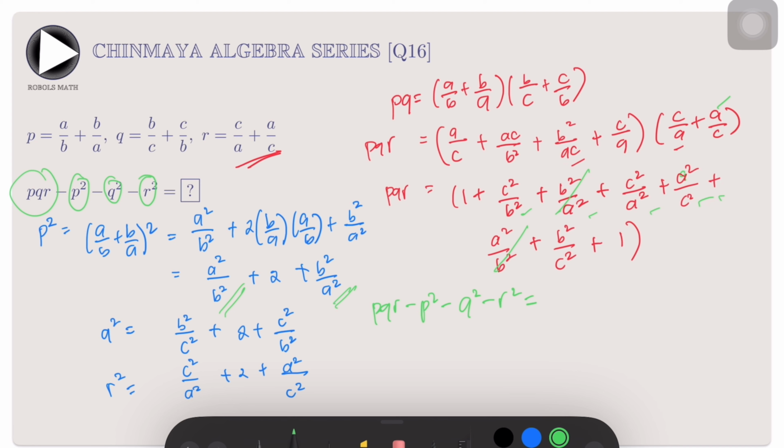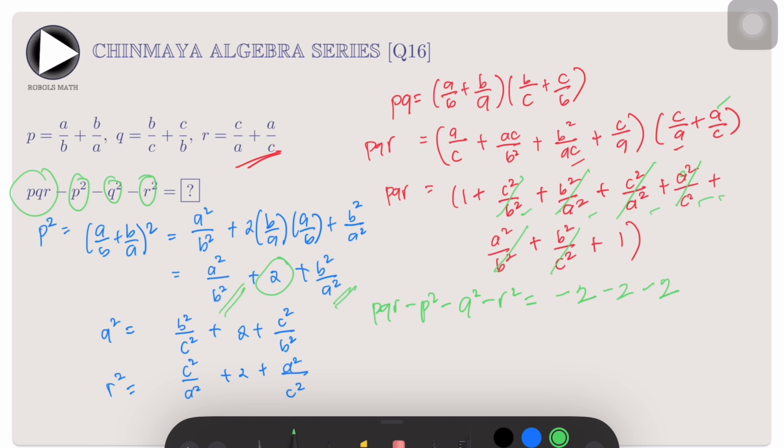So we get here a minus 2 coming from this. And then if we subtract Q squared, the C squared over B squared and the B squared over C squared cancel out, leaving us again with another minus 2 here. The same thing goes for R squared. This one cancels out and this one cancels out, leaving us with another minus 2.